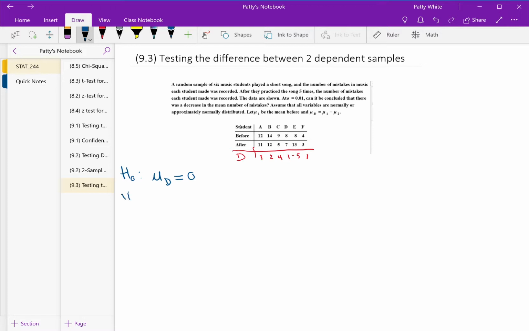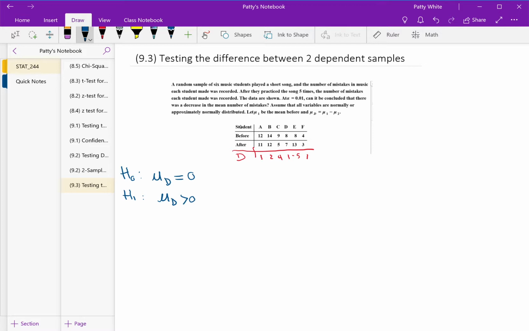And then my alternative is that the mean of the difference is actually greater than 0, because I'm testing that, having practiced the song, the difference before minus after is going to be greater than 0.